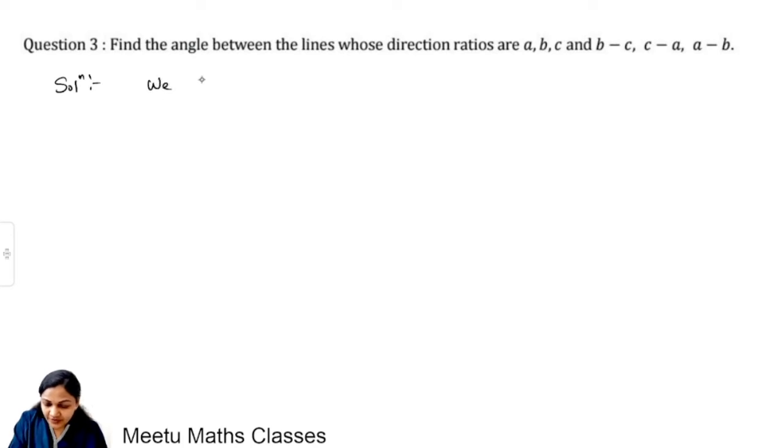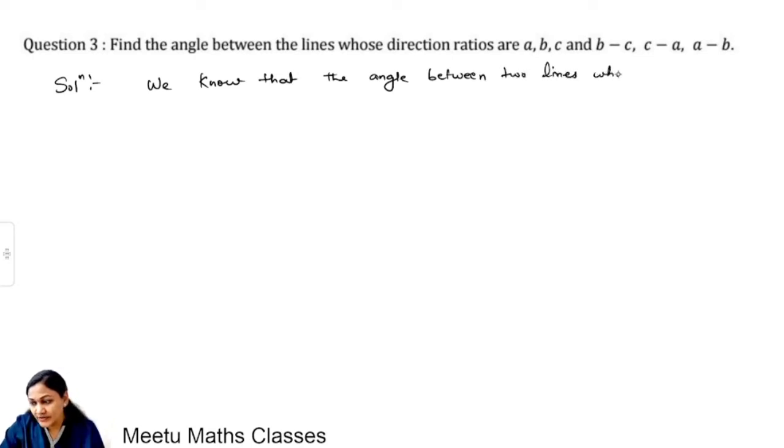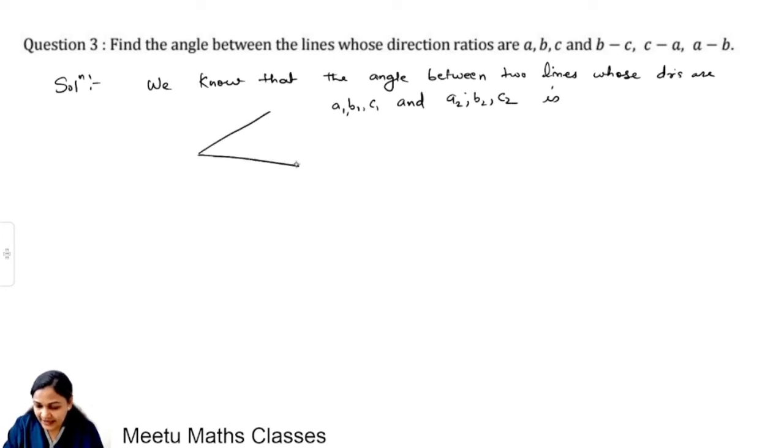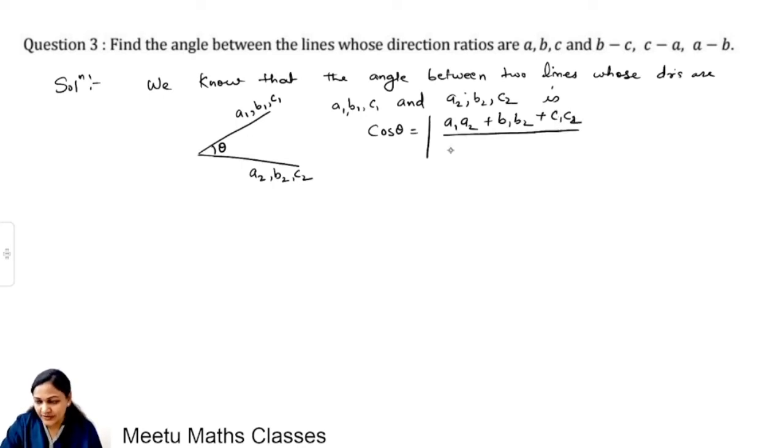First of all, we know that the angle between two lines whose direction ratios are A1 B1 C1 and A2 B2 C2: if you have two lines, one with direction cosines A1 B1 C1 and the other with direction ratios A2 B2 C2, then the formula for the angle between them is cosine of theta is modulus of A1 A2 plus B1 B2 plus C1 C2 upon square root of A1 square plus B1 square plus C1 square and square root of A2 square plus B2 square plus C2 square.